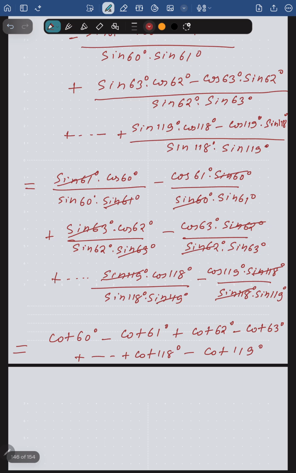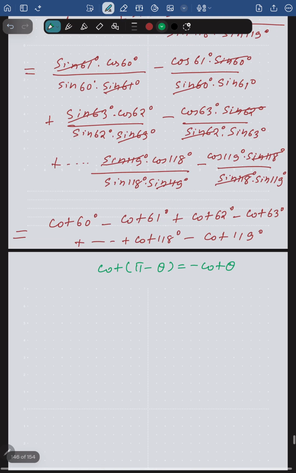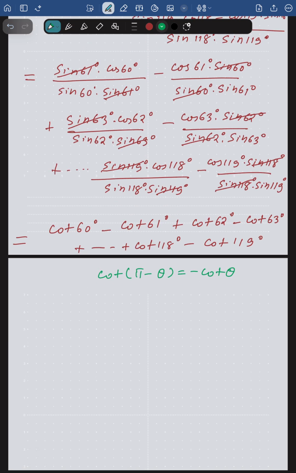Now one more formula, you know that formula is like this, that cot of pi minus theta is minus cot theta. That formula I will use for the angle which is greater than 90 degree. Okay, so let us see.